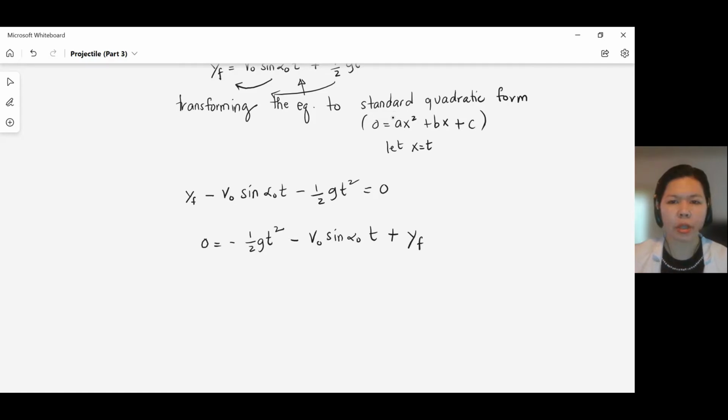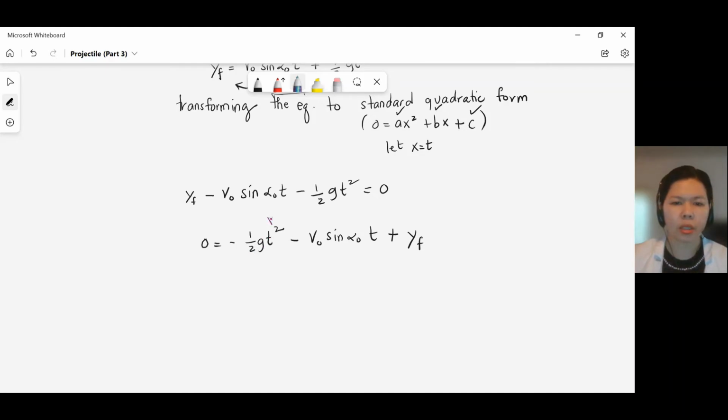Okay, so now you extract the a, b, and c values. Ax squared is negative 1/2 gt squared.